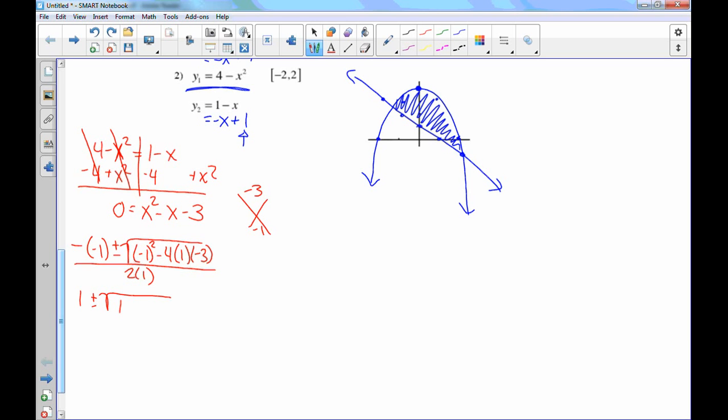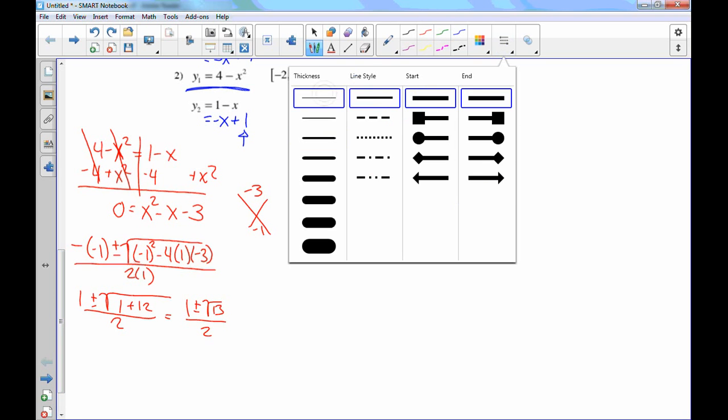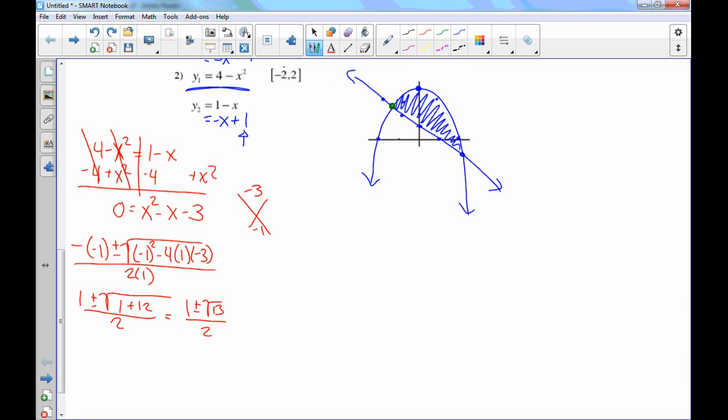Negative 4 times 1 times negative 3 is positive 12. That's why it doesn't come out nicely, because it's irrational. Square root of 13 over 2, plus and minus. So what is 1 plus square root of 13 divided by 2? What's that decimal?